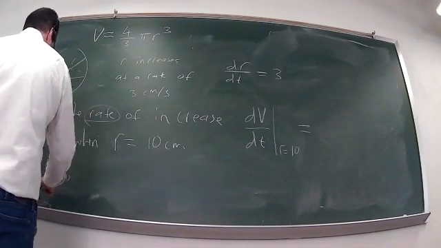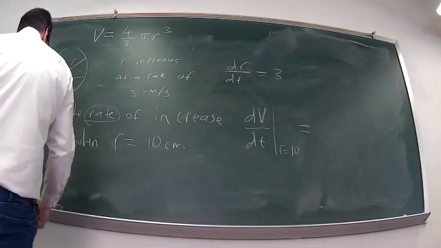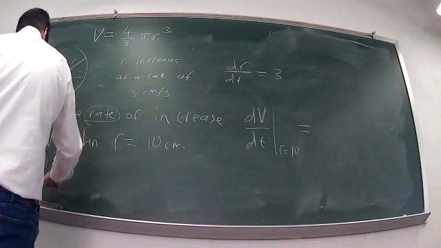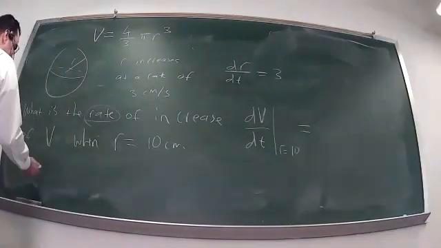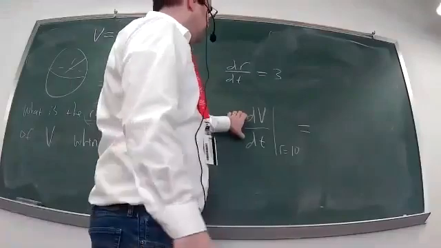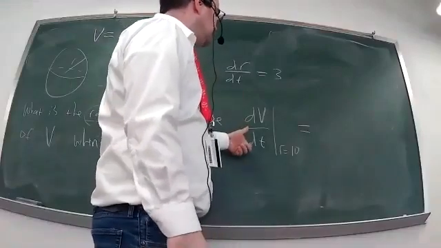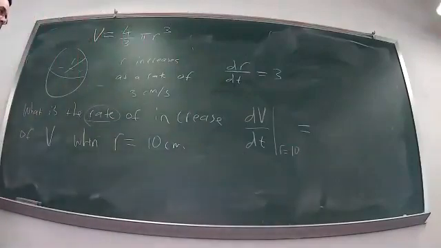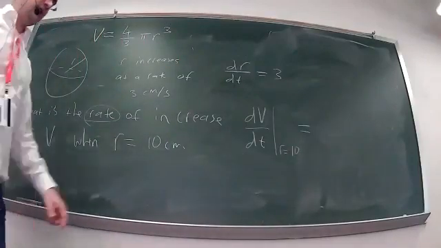So what could you even put in here? You'd have to put in like v prime of... it's hard to even imagine how you could write that. So this notation is the one you want, because you're taking volume with respect to time at r equals 10. That's why Leibniz liked this notation.